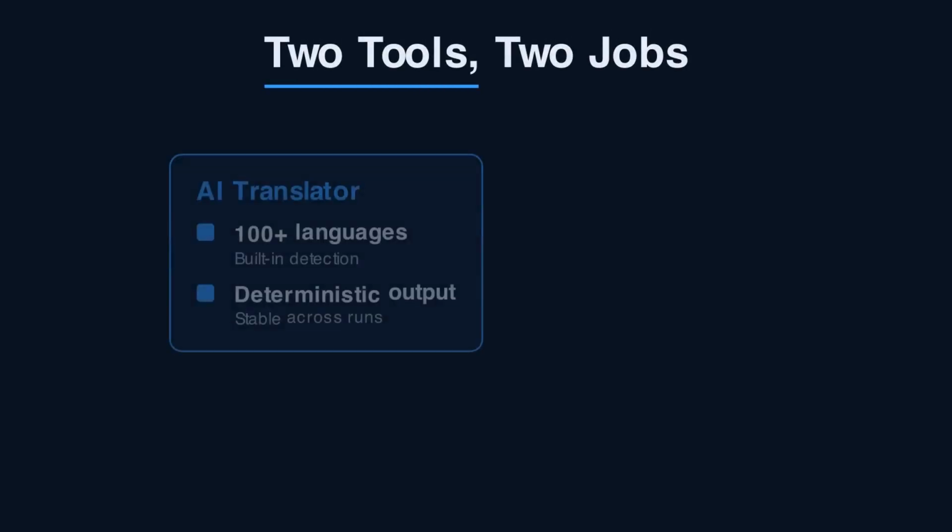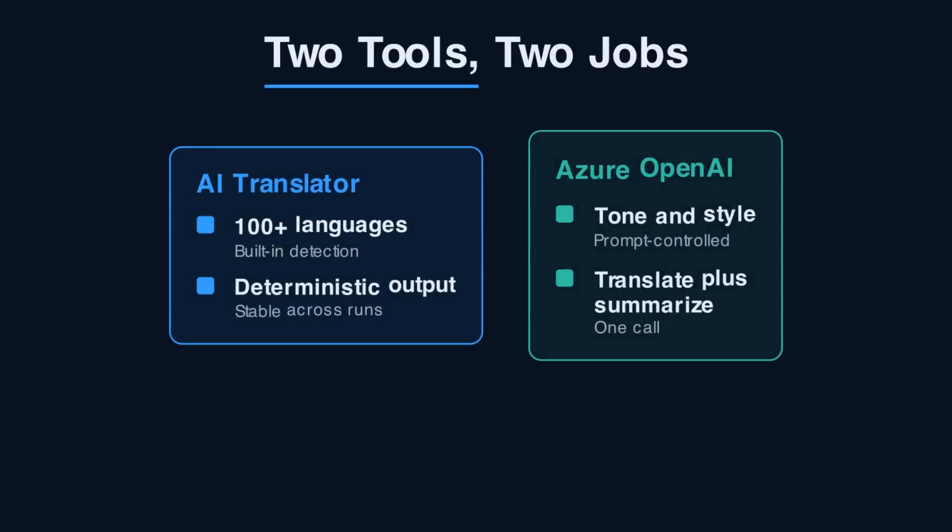Azure AI Translator is part of Azure AI Services. It supports more than 100 languages, gives you stable, deterministic output, automatic language detection, and a real-time text endpoint plus an asynchronous document translation feature. It's tuned for throughput and consistency. Azure OpenAI, by contrast, translates by prompting a general model.